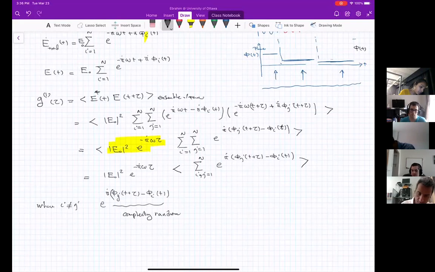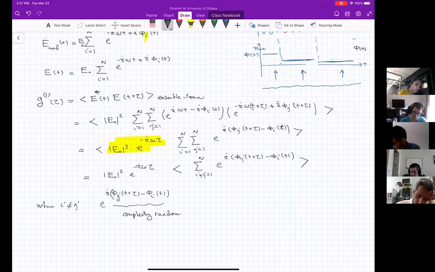So averaging over them will be 0, no doubt. So essentially, the entire double summation will be simplified only to one summation, which is when we have i equal to j. The rest will be 0.